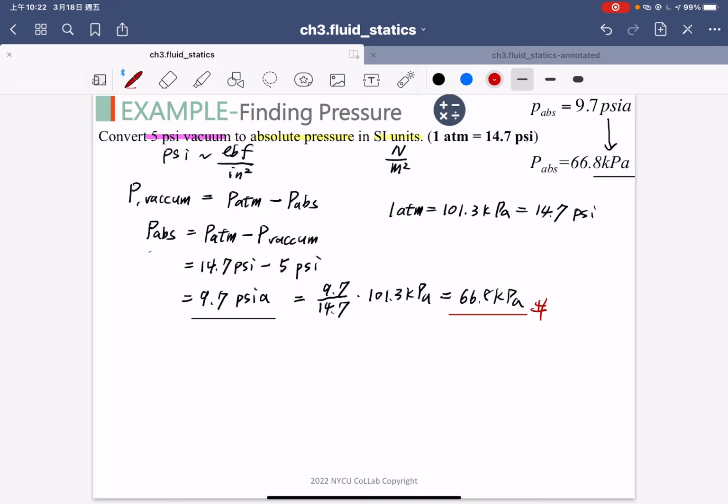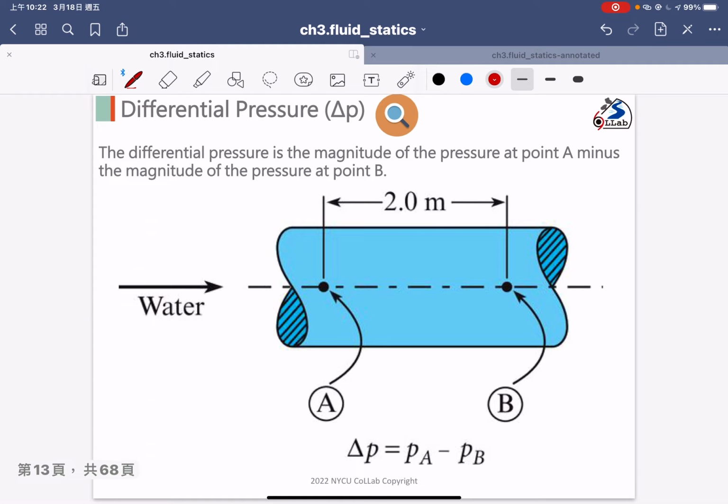Okay, so the next idea is the differential pressure. As you see, this is the tube, the pipe, and we have two points, one is A, another is B, and we know the flow goes from the left to the right.